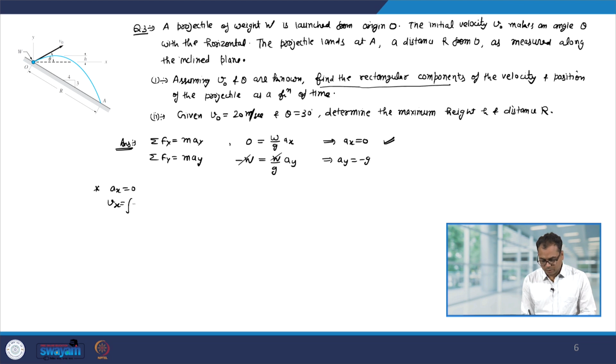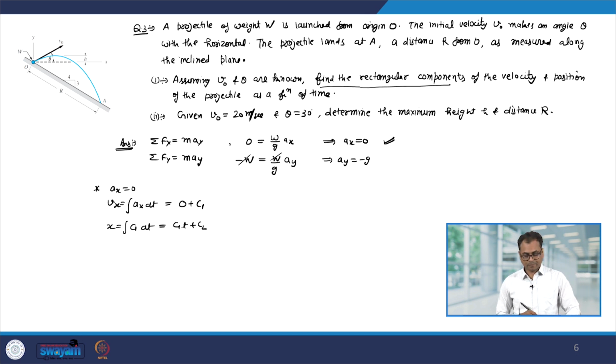Therefore, Vx will be integral Ax dt, and since Ax is 0, it will be 0 plus C1. Now, x will be integral Vx dt, so it will be C1 dt, so that will be C1t plus C2.